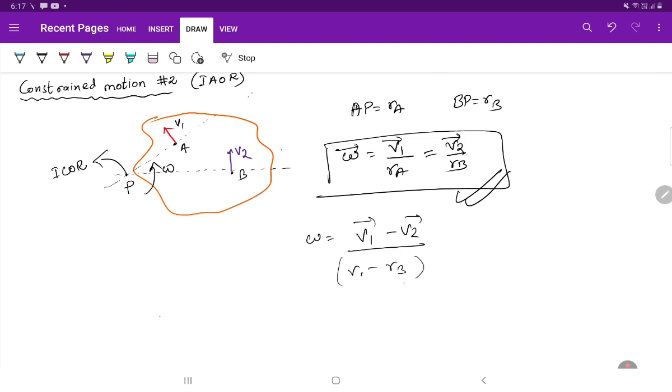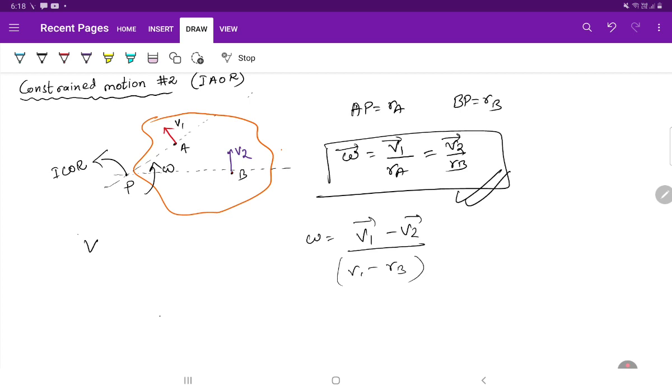So RA minus RB basically represents the length vector connecting A and B. So I can say that this omega vector is basically the relative velocity of both of the bodies with respect to the distances. Now, relative velocity by the distances. Okay. So you might be wondering that this RA minus RB is not basically the AB vector. You might have this question. Well, yeah, I'm just giving a raw understanding.